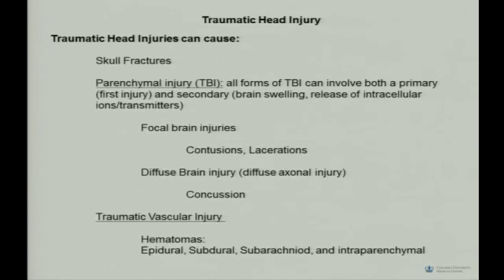Brain injuries tend to be put in two very broad categories: focal injuries and diffuse injuries. So a focal brain injury is a very spatially focused injury that includes things like contusions, which are basically bruises, and lacerations.